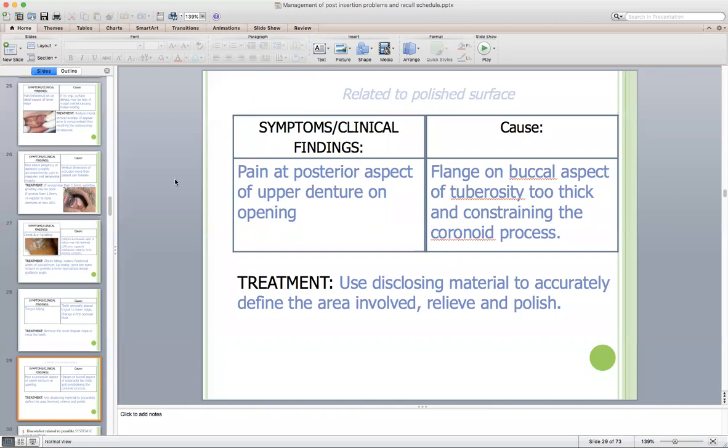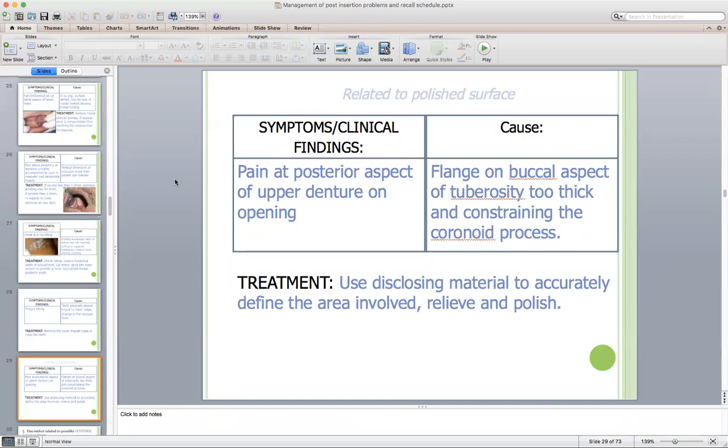Problems related to the polished surface: the symptom or clinical finding is pain at the posterior aspect of the upper denture on opening. What can be the cause? When the patient opens the mouth, the patient feels pain at the posterior aspect of the maxillary arch, because the flange on the buccal aspect of the tuberosity may be too thick and constraining the coronoid process.